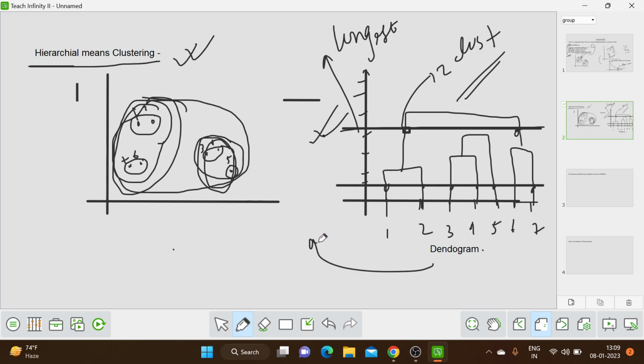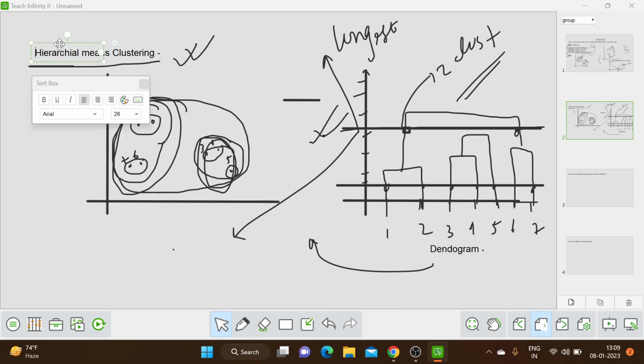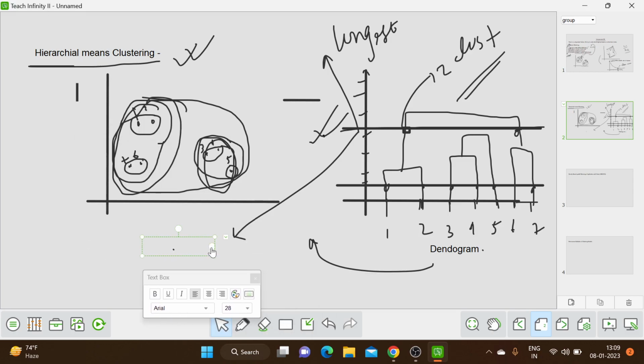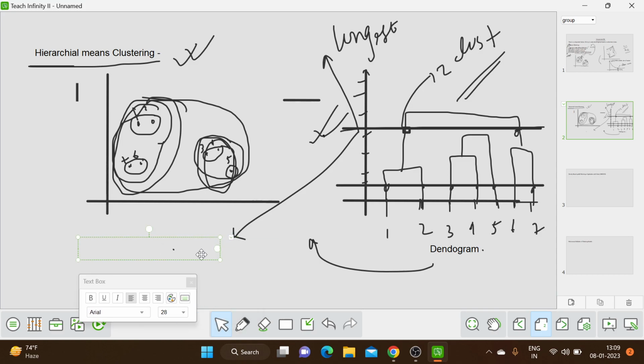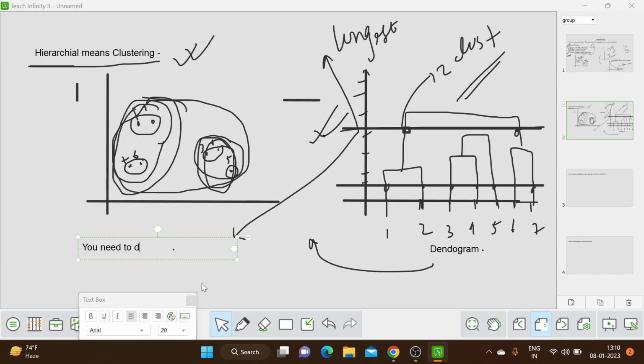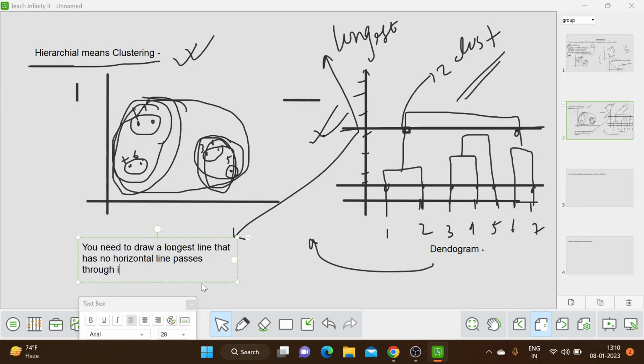We need to draw a dendrogram. From the dendrogram we need to draw the longest vertical line. I write it here. You need to draw a longest line that has no horizontal line passing through it. Full stop.